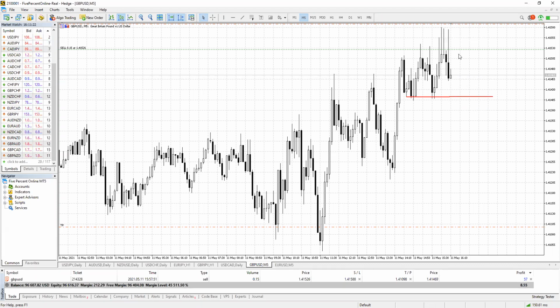Maybe I will trail my stop or something, and then we'll jump to the dollar yen so we can analyze your trade together. But tell me already, Jorik, what time frame are you looking at? And we'll jump.